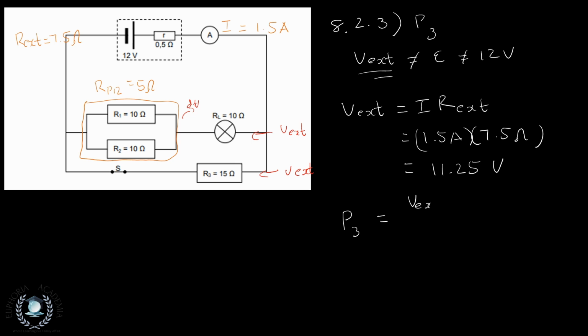Our V external squared over the resistance of resistor 3: substituting, we have 11.25 squared over our R3, which is 15 ohms, and that gives us a power rating of 8.44 watts.